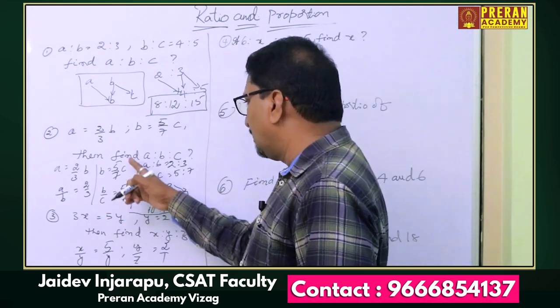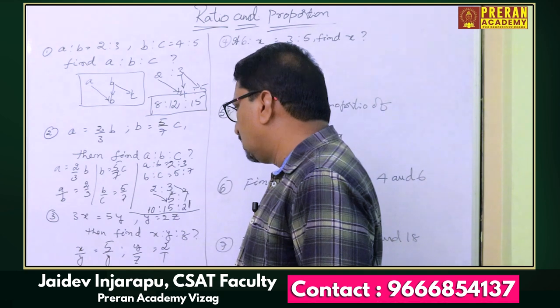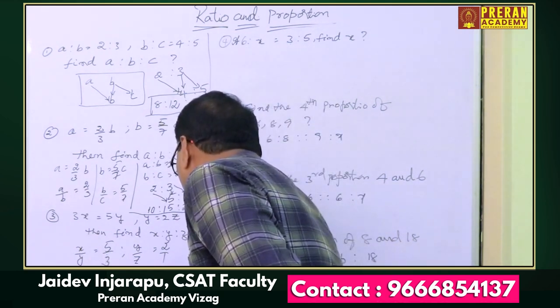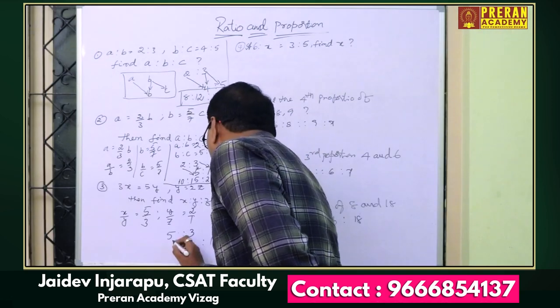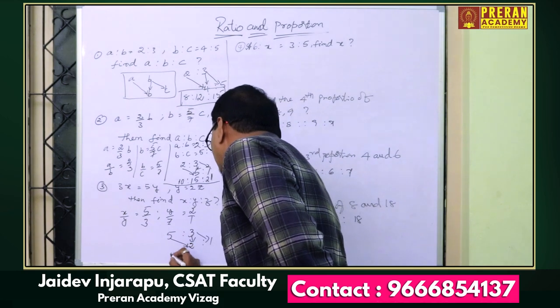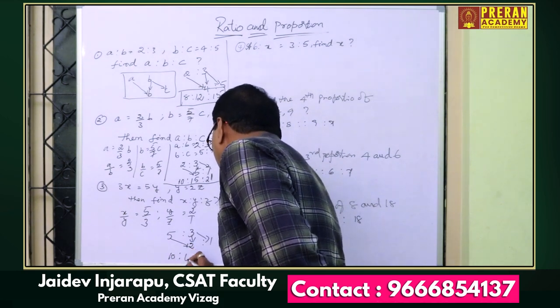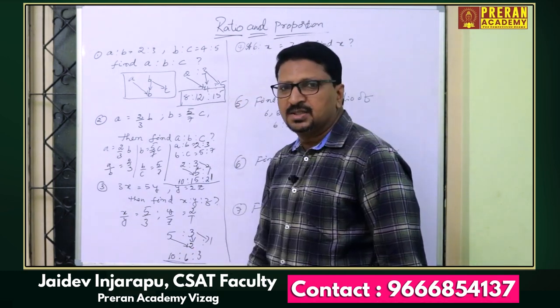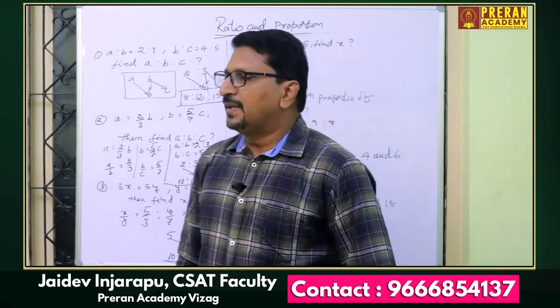So now we can apply the same. We can write it like this: 5 is to 3, 2 is to 1. So multiply these two and these two. So 10 is to 6 is to 3 is the answer. In this way we can solve very easily.